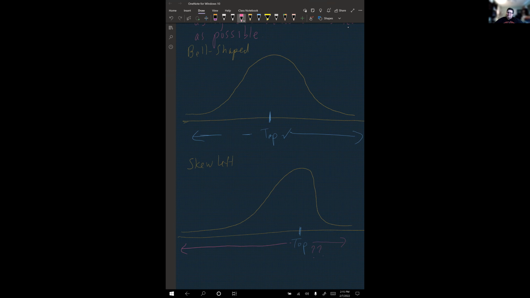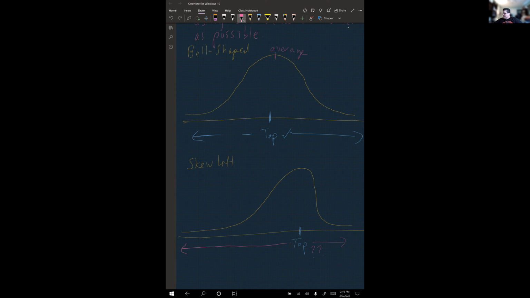Remember, this is a whole bunch of values. For the height thing on the project we were working on, if we had a whole bunch of people's heights listed, the top for the bell shape is going to be right about the middle height, the average height. So in a bell shape, the top tends to be like the average.